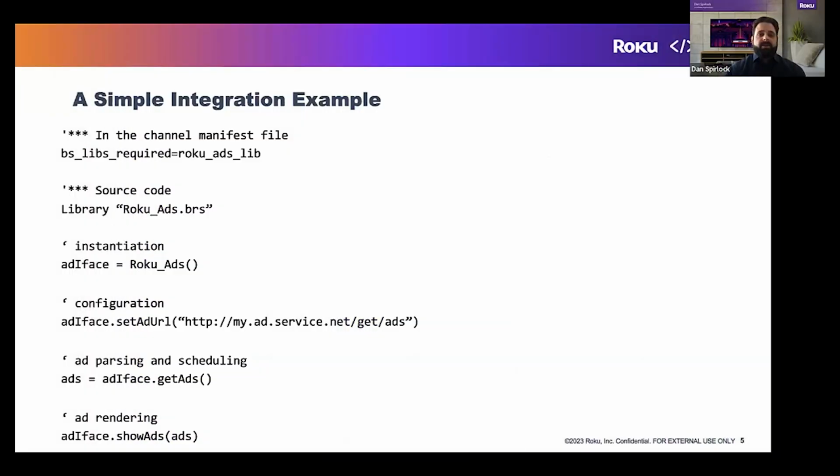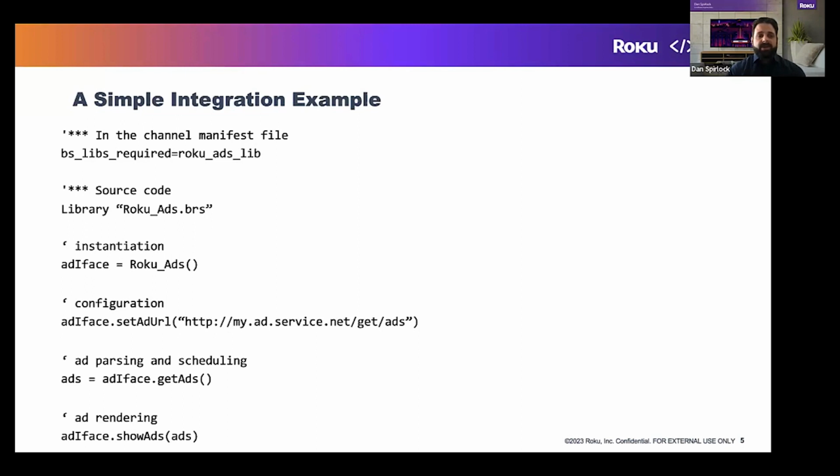And here's a simple integration example to show you how easy it is to integrate RAF into your channel. So you can see the first line here, we just declare dependency in the manifest file for the Roku ads library. And then with a few lines of source code, you can have RAF integration and ad playback.